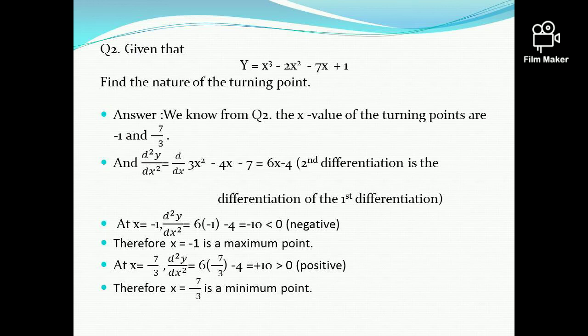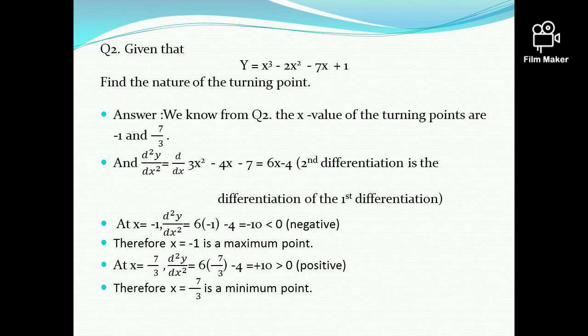In this example, we need to find the nature of the points for the curve y equals x cubed minus 2x squared minus 7x plus 1. This is a continuation of question number 2. Therefore, we already know from that question the turning points occur at x equals minus 1 and x equals 7 over 3.